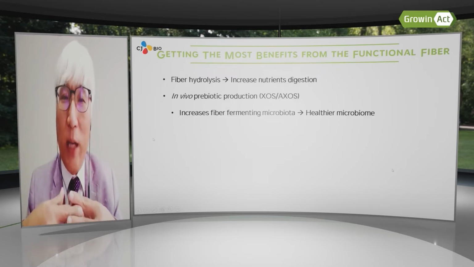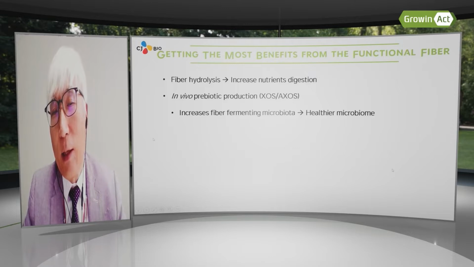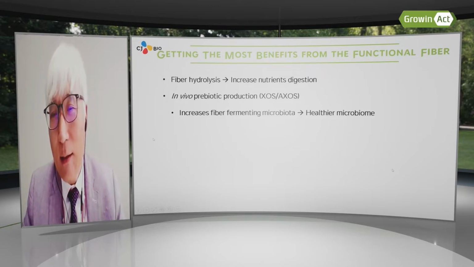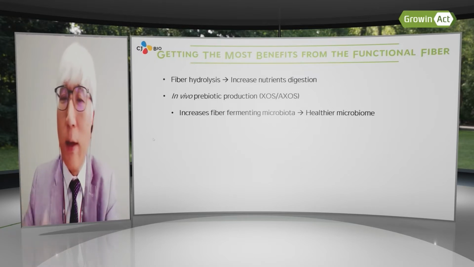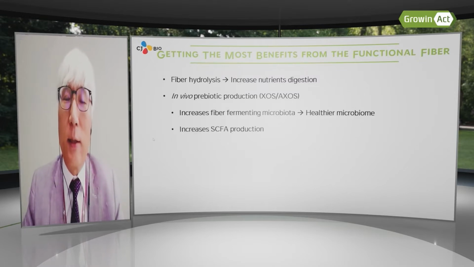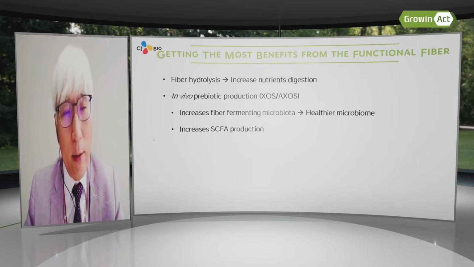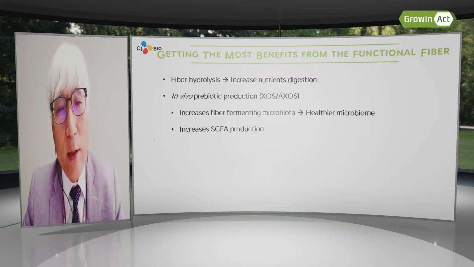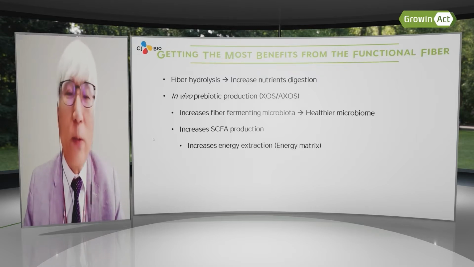These prebiotics increase fiber-fermenting microbiota in the gut, and therefore the whole microbiome in the gut improves and becomes a healthier microbial composition. And by increasing in vivo production of prebiotics, we can increase short-chain fatty acid production. Increasing short-chain fatty acid production has multiple benefits.